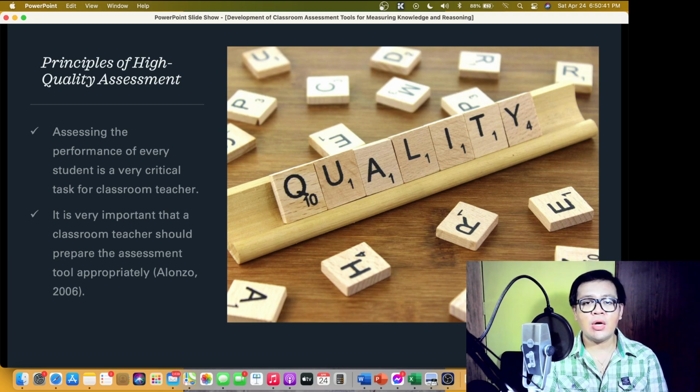Tests should be in accordance with what was being taught to the students, and at the same time with the different goals and objectives that were stated. It should be fair in giving the tests to students so that students will be able to anticipate what was being discussed prior to the discussion of the lesson.